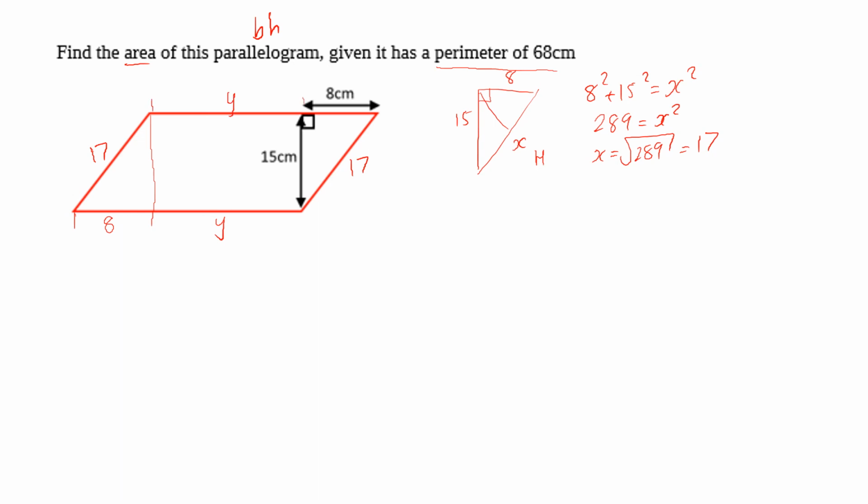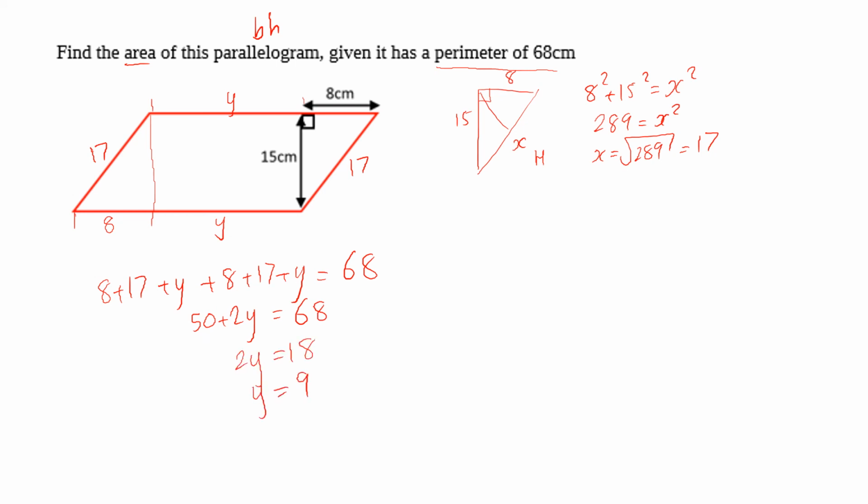And all of those numbers added together have got to give us 68. So we can say 8 plus 17 plus y plus 8 plus 17 plus y. That's all the things on the outside of the shape equals 68. Bring together the 8 and the 17 and we'll get 50 plus 2y is equal to 68. So we'll get 2y is equal to 18 and y is equal to 9.